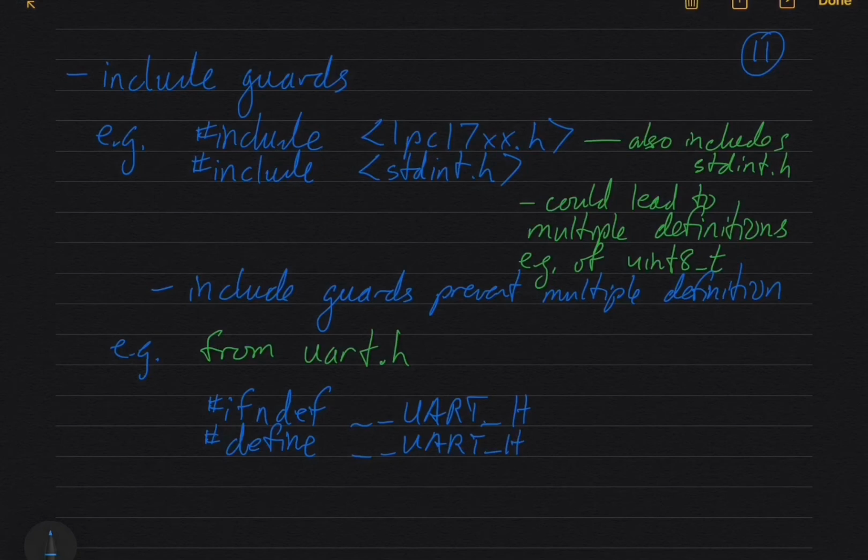So the first time you include the file, that's not defined. So it defines it, and then it includes the file contents, and then you finish that all off with an #endif. So if uart.h got included a second time for whatever reason, __UART_H__ is already defined, so it won't include all the stuff between the #ifndef and the #endif again.